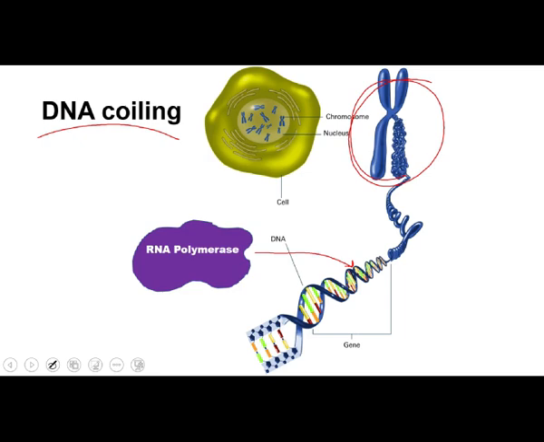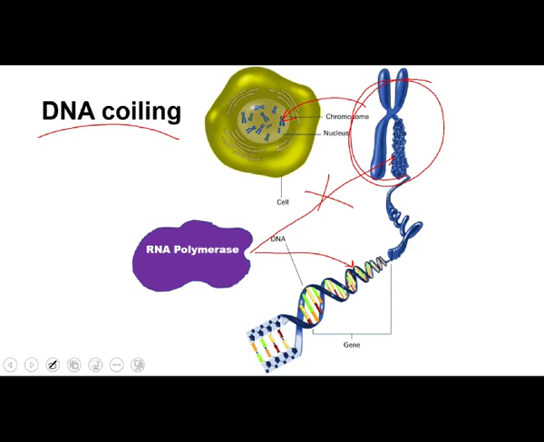Here it's duplicated into sister chromatids getting ready for division, and that helps it to fit inside the nucleus and be moved around without getting tangled up. But RNA polymerase can't get into this really coiled up DNA. That just doesn't work. And so if you coil up the DNA too much, you cannot express those genes.